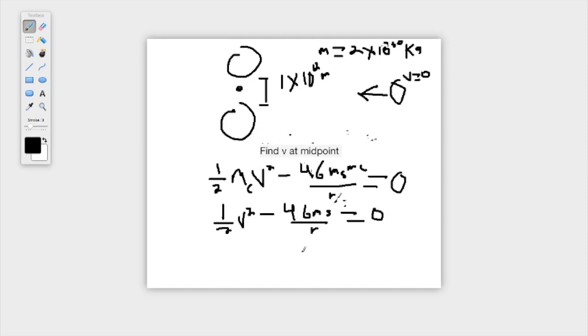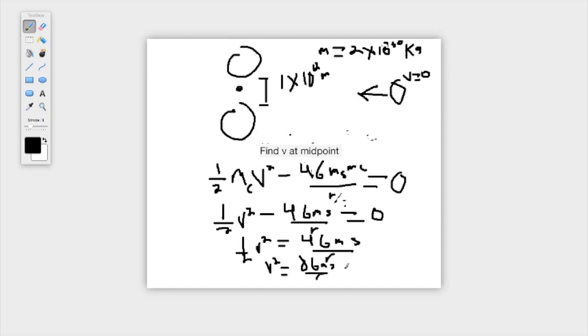Then you can add 4G Ms over r to both sides, so you get 1 half v squared equals 4G Ms over r. Then you multiply 2 by both sides, so v squared equals 8G mass of the sun over r.